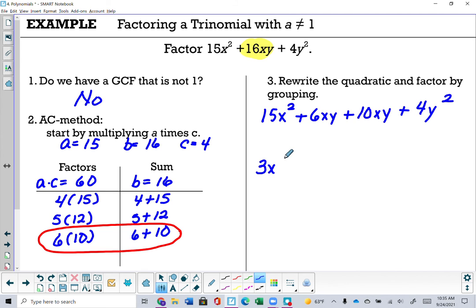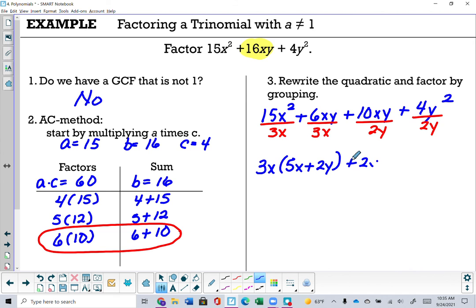Factoring out a 3x, if I divide this by 3x and the 6xy by 3x, that gives me 5x plus 2y. Keep going. Second group, factor out the GCF. Looks like it's 2y. So factor 10xy by 2y and 4y squared by 2y.